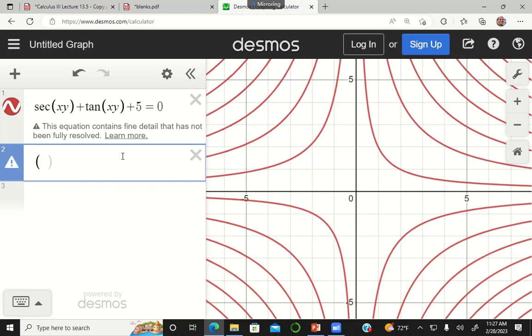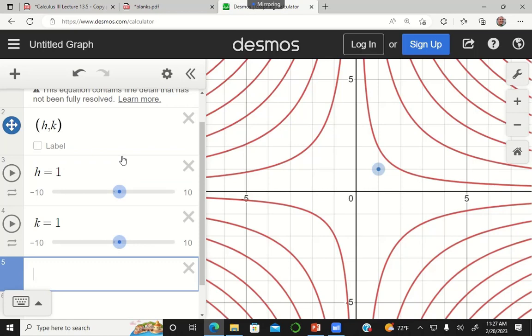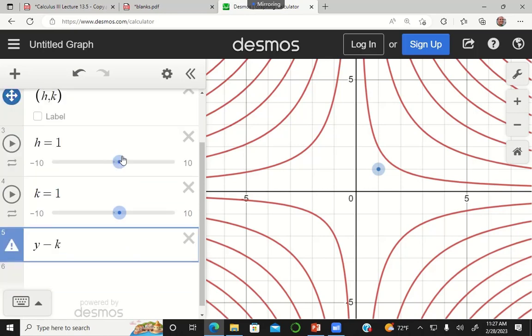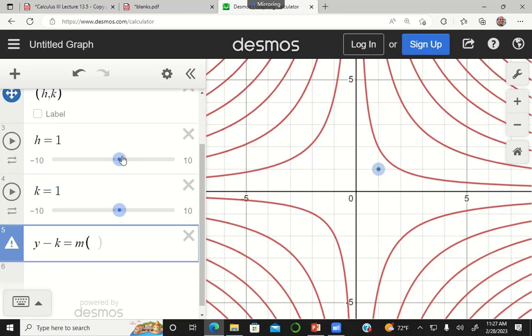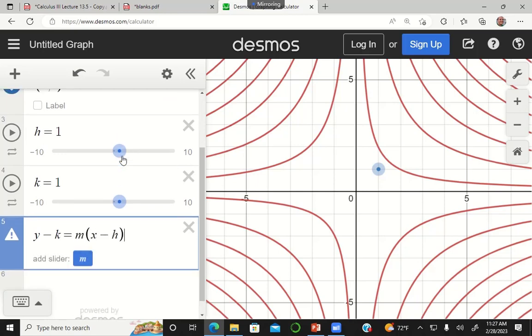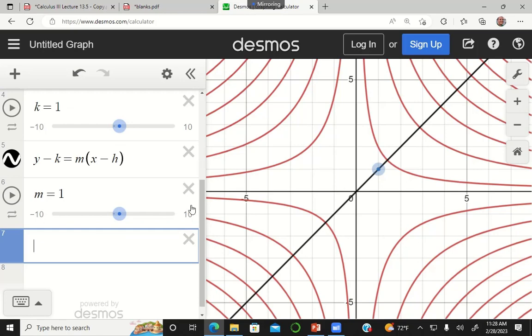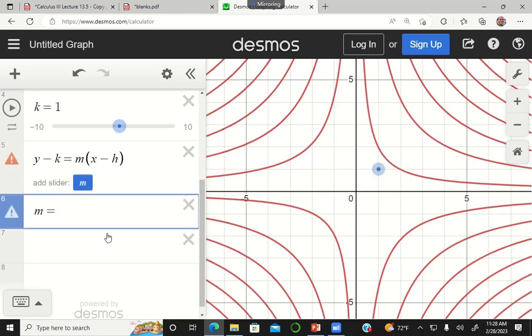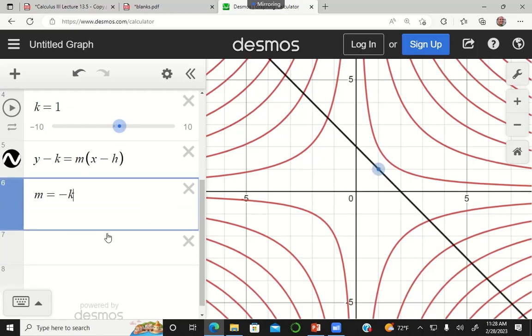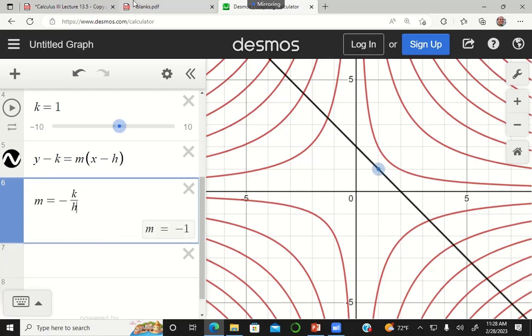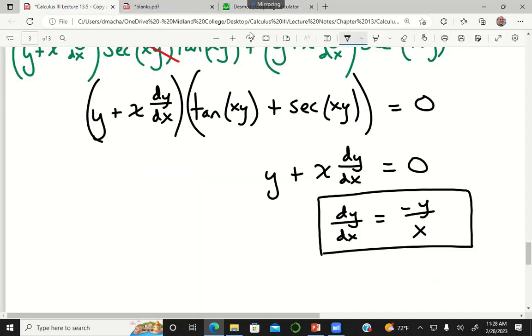And so what I'm going to do is make a point here on Desmos. And then I'm going to write the equation y minus k equals m times x minus h. So that's just point slope form of a line. And then the slope of this is going to be equal to negative k over h, right? It was supposed to be negative x over y.